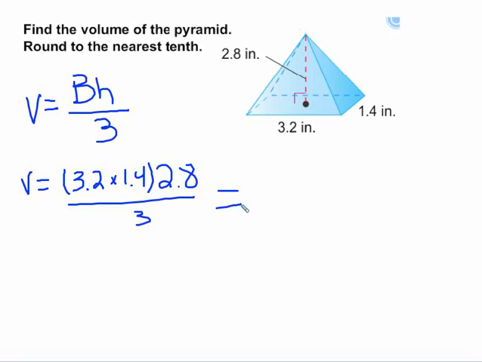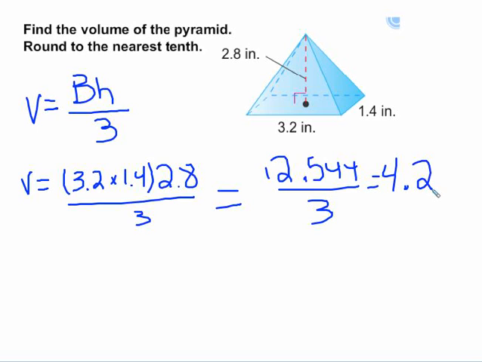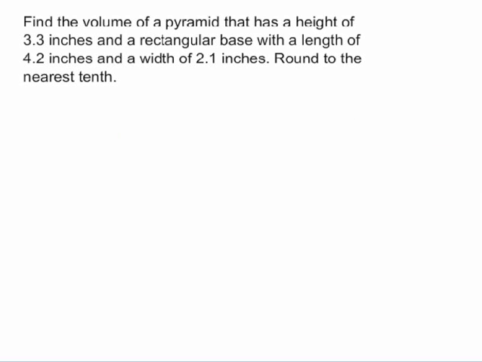That's going to give me 12.544 divided by 3. My final answer, which they want rounded to the nearest tenth, is 4.2. Since I'm calculating volume, this is going to be a cubic unit. How many cubes can fit within this pyramid? Okie doke. So here is our first answer. Let's go on to our next example.